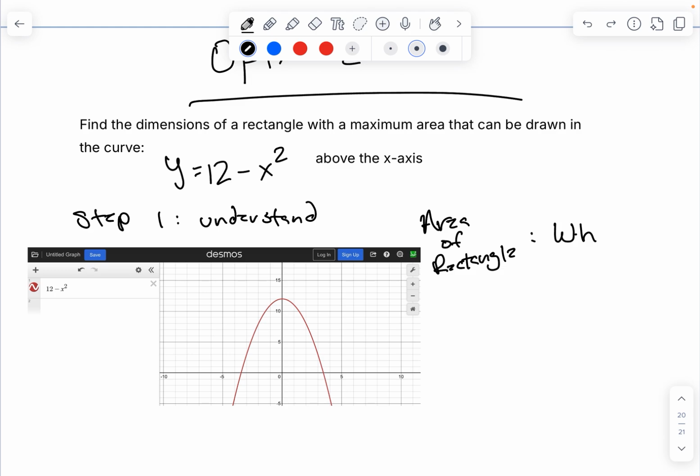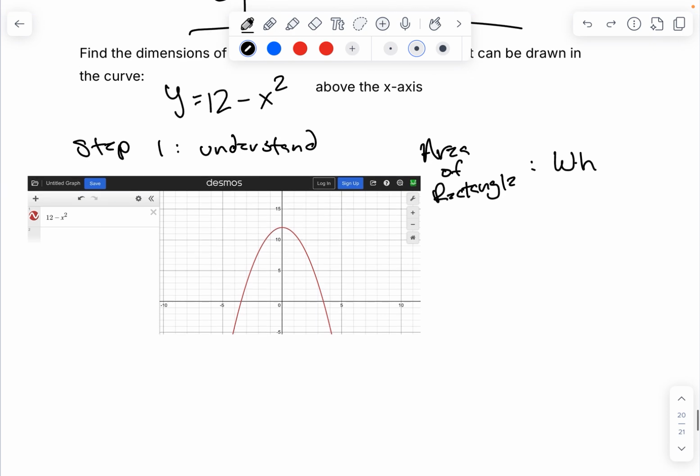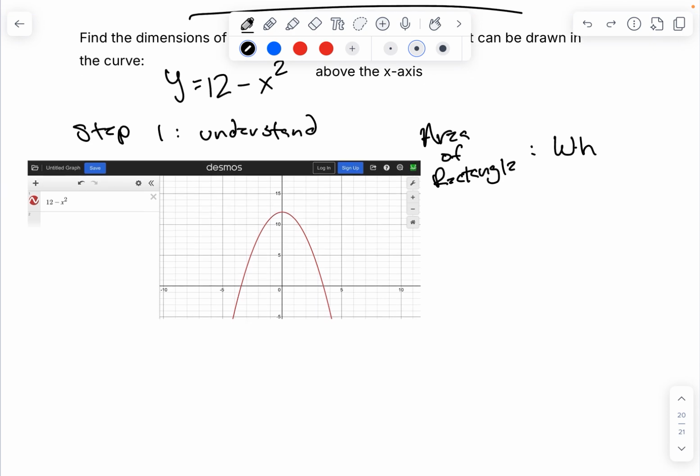We're trying to make the area of a rectangle. So we see that this is your width, and this is your height. We see that x, we're going to say, is here.